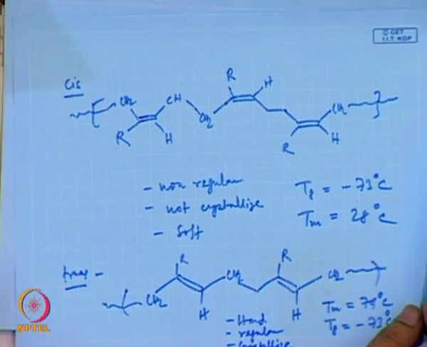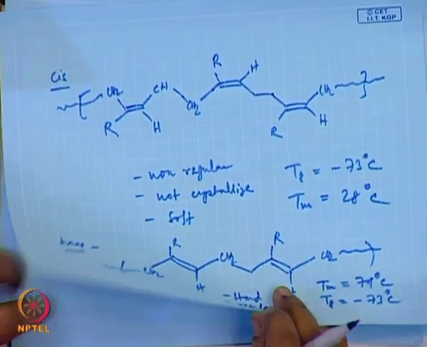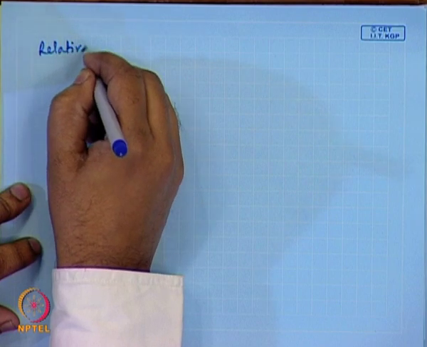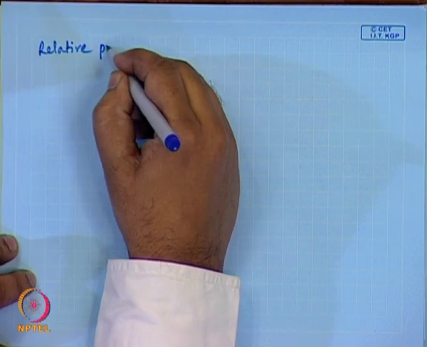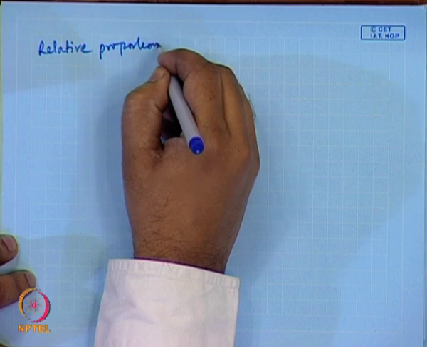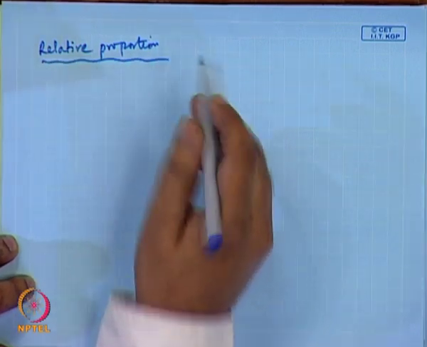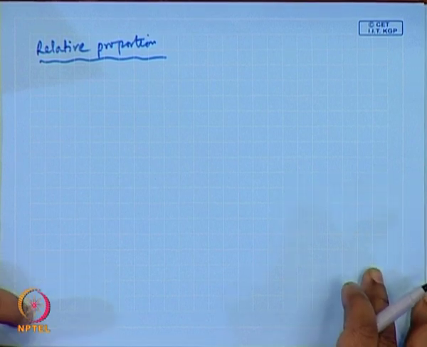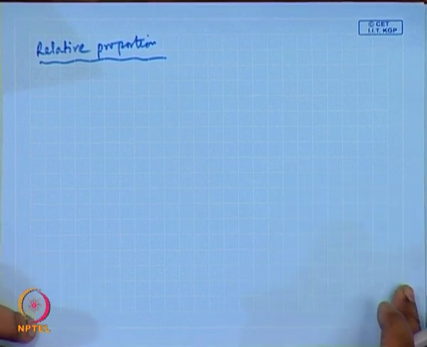Now, how can you think of which one is a dominant product or which one is not? In a polymerization, what is the relative proportion of all the possible structures we just discussed: 1,2 addition, 3,4 addition and 1,4 addition.